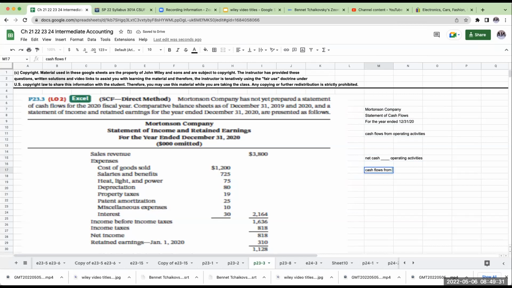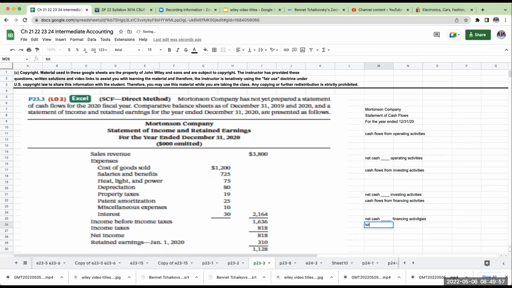Cash flows from investing activities, net cash, blank, investing activities. Cash flows from financing activities, net cash, blank, financing activities.